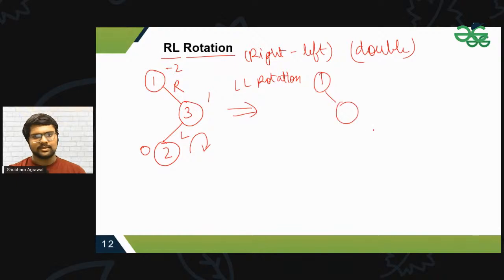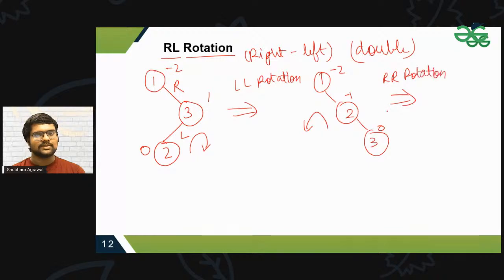Okay, now here 0 and 1, -1, and it will be -2. Okay, the balance factor. Now we will do the RR rotation. So when we do RR rotation, it will be 2, then we have 1, and then we have 3.